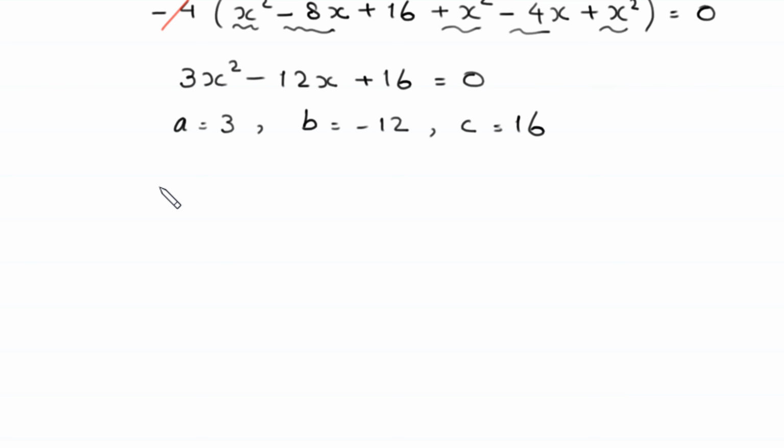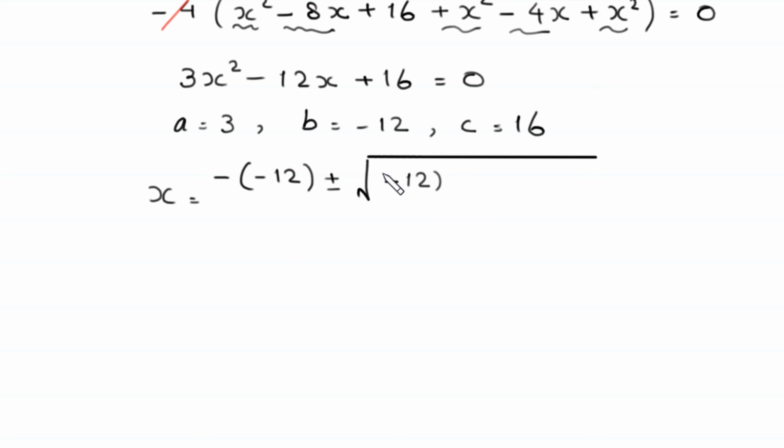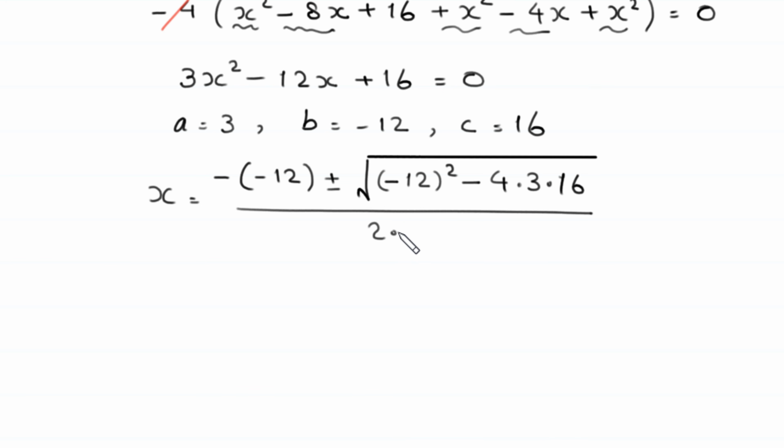And according to quadratic formula, x is equal to negative times negative 12 plus or minus square root of, in place of b squared we write negative 12 squared minus 4 times, in place of a we write 3 times, in place of c we write 16, divided by 2 times, in place of a we write 3.